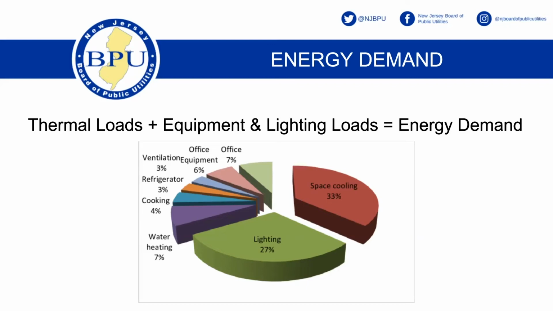Lighting at 27% is probably an old number for New Jersey, because we've had a couple of big iterations of lighting upgrades. 25 to 27 used to be a rule of thumb number, but that was 15, 20 years ago.